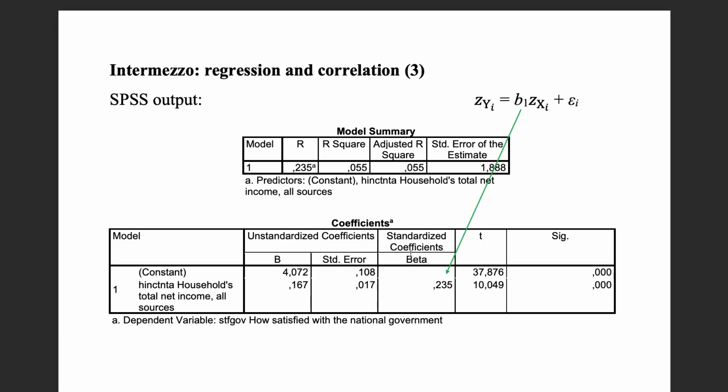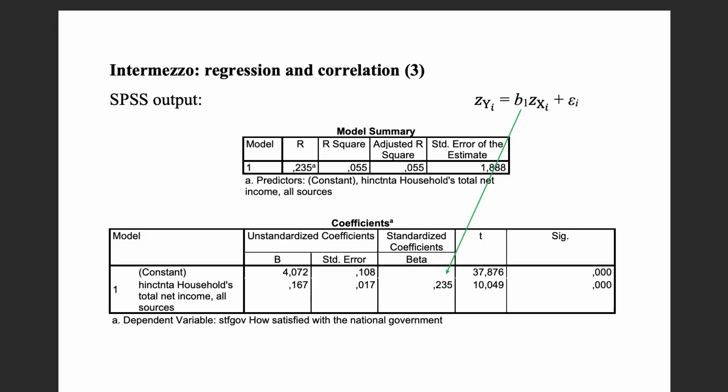But there is also a column we didn't yet discuss, and this is the standardized coefficients or beta column. So this is where SPSS reports the standardized coefficients. So all that stuff with transforming into z-scores and then estimating the regression model again, SPSS basically automatically already does that for you.